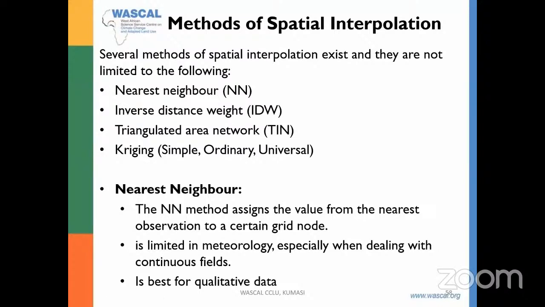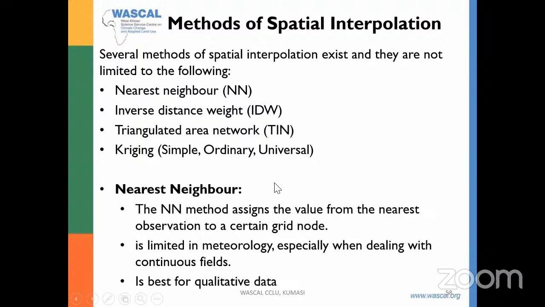Mostly we can look at the nearest neighbor, the IDW, the inverse distance weight, the triangulated irregular network, and Kriging. There are several Kriging types that are also available for us: simple, ordinary, universal, and regression Kriging, all of which can be used in interpolation of these data points.